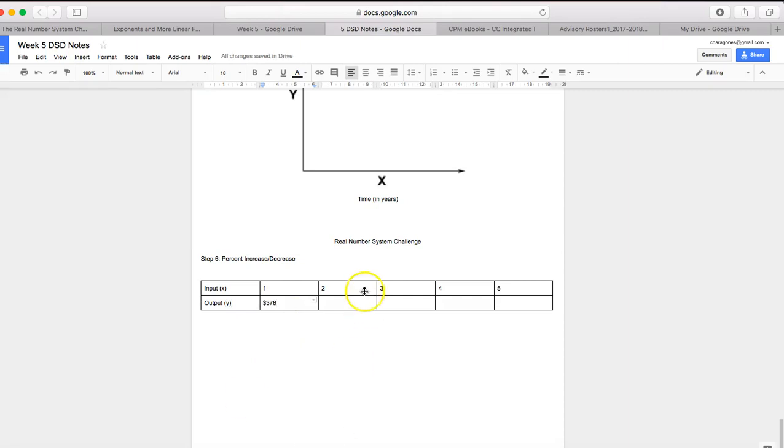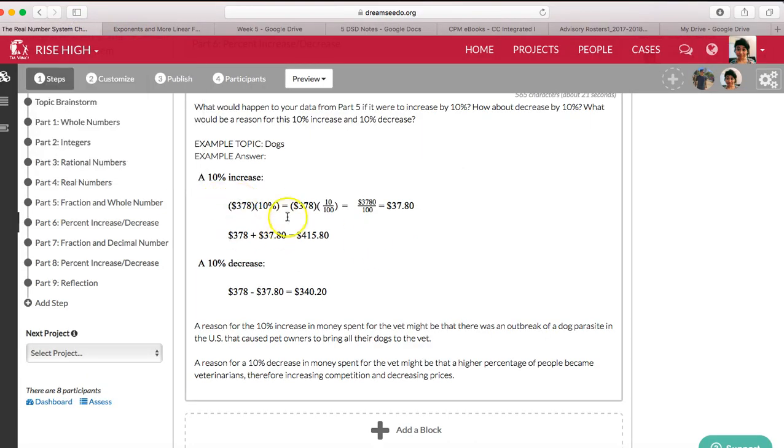Then the second point will be after the 10% increase. If you hopefully remember, we took the statistic we found and then we increased it by 10%. So we multiplied by 10%, which is really just 10 over 100. Then we multiplied the top with the top. We got 3,780 divided by 100, which simplifies to $37.80.